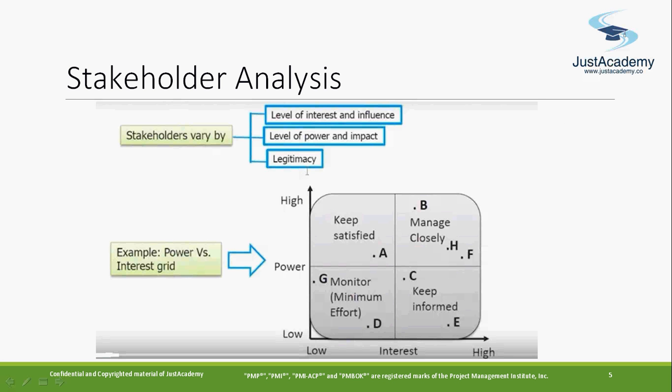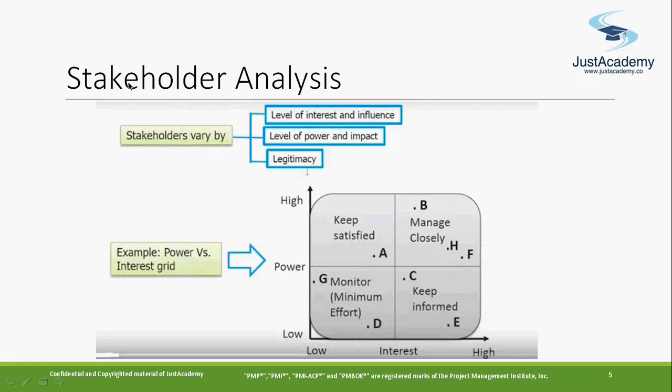Now, for stakeholder analysis, you need to identify who the stakeholders are and do the analysis on that: how they can impact your project, which stakeholder you should monitor, which stakeholder you should manage carefully, or which stakeholder you want to keep satisfied every time.